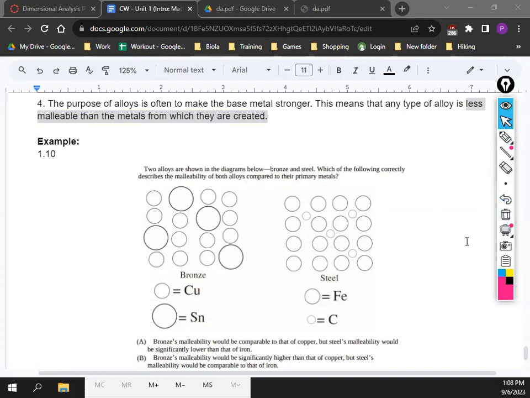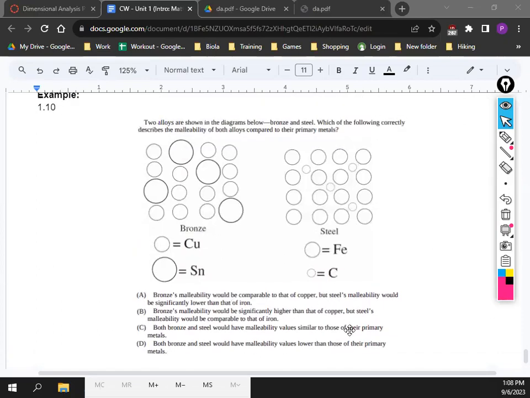Okay, so the answer's pretty easy then. We just take a look at the options. This one is saying bronze malleability is comparable to copper, and steel's malleability is significantly lower than iron. If you take a look at A, this might be an answer because bronze might be comparable to copper, I don't know.